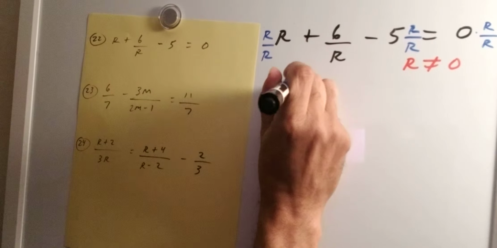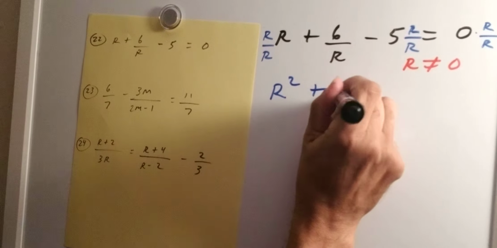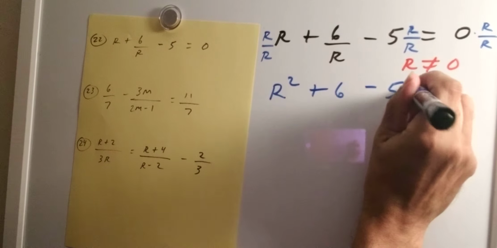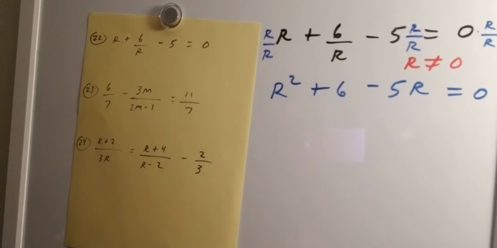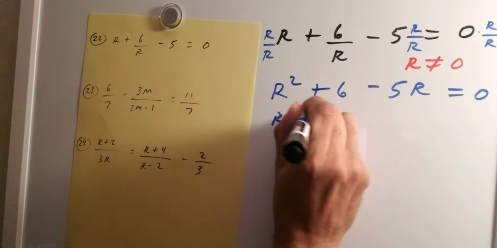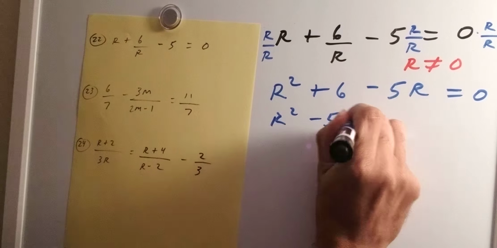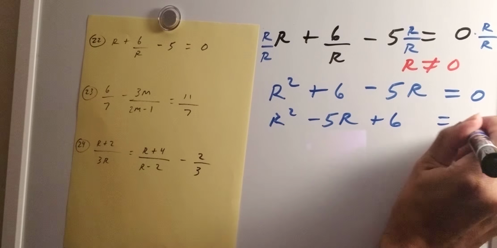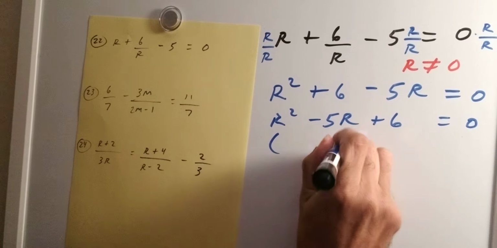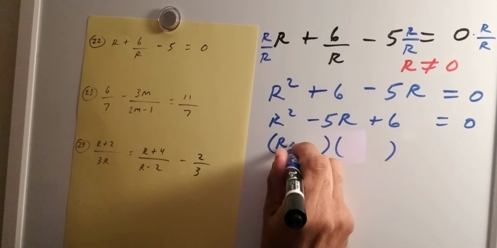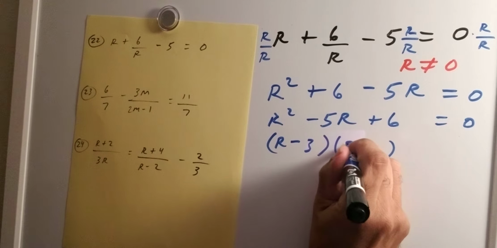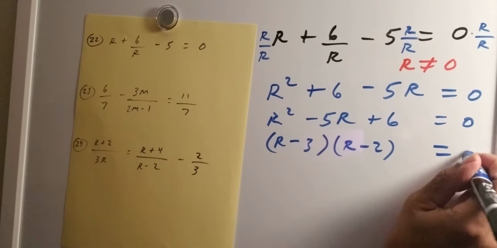This is R squared plus 6 minus 5R equals 0. Rewriting, R squared minus 5R plus 6 equals 0. Factoring into two binomials, R minus 3, R minus 2 equals 0.